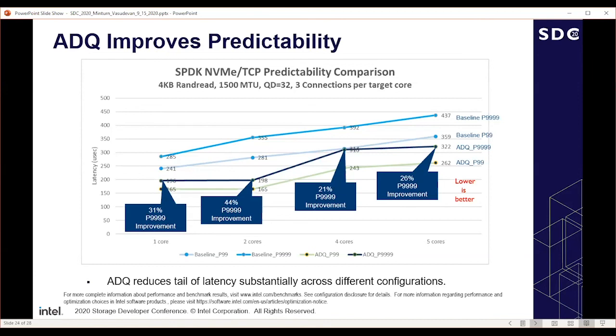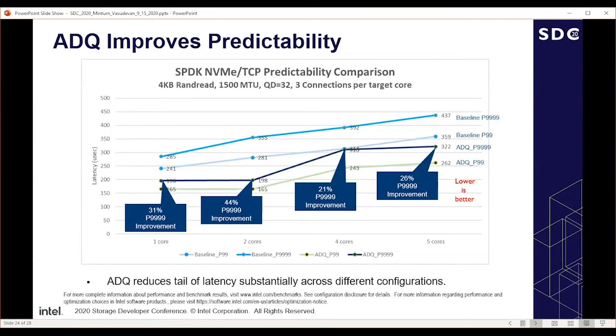All these numbers are way below what one is traditionally accustomed to seeing for P99 and P49 latencies, because of a lot of the work that's gone in to tune the stack and improve the performance through the various optimizations that we spoke of.